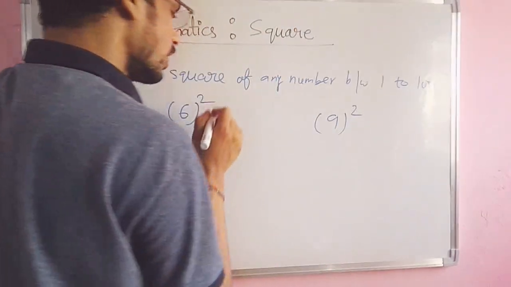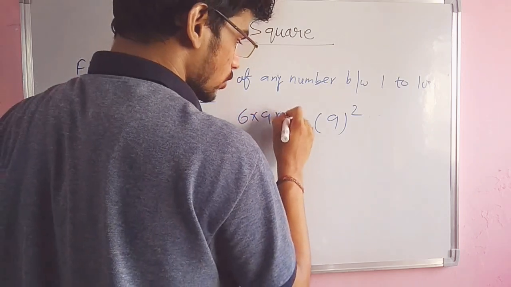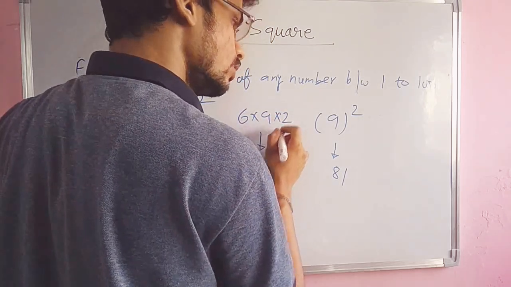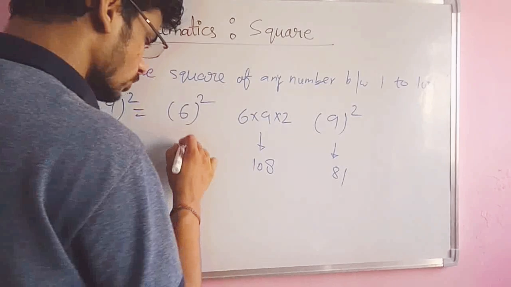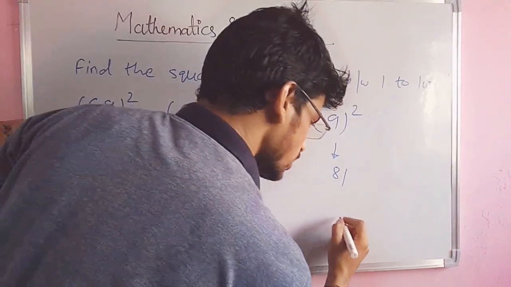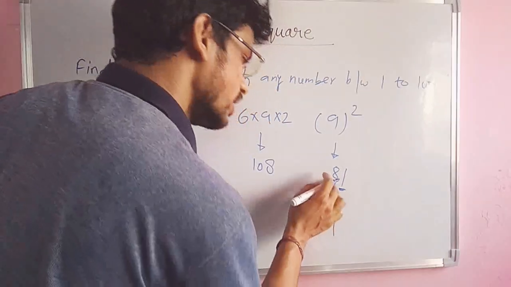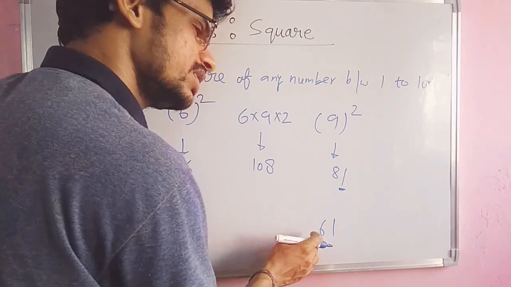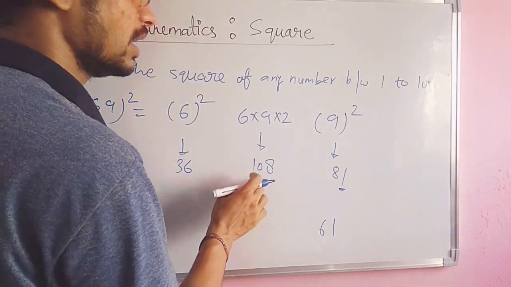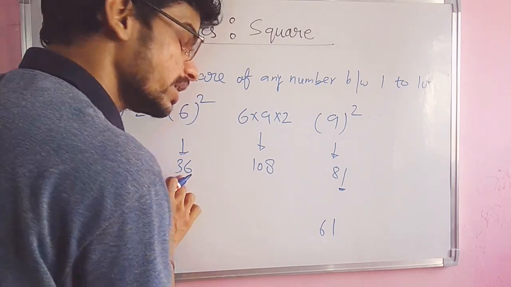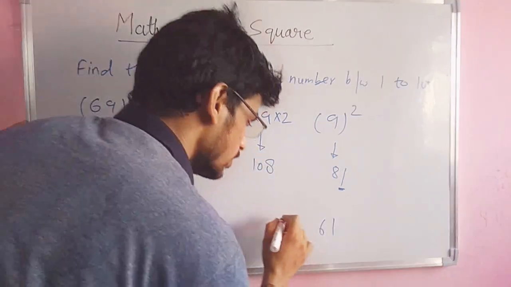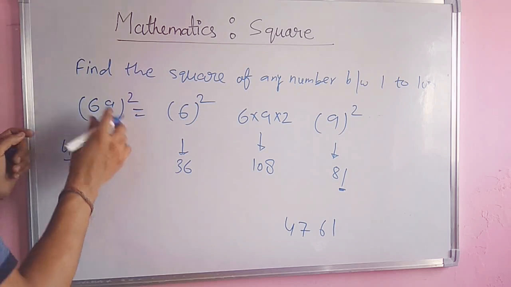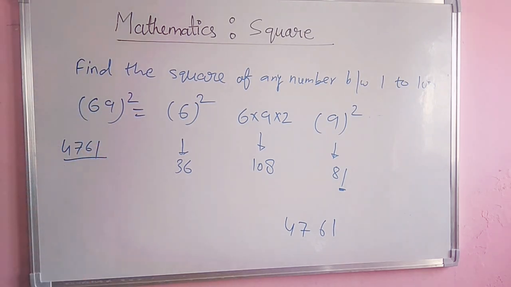Make them squares. 6 into 9 into 2. 9 squared is how much? 81. 6 into 9 is 54. Multiplied by 2 is 108. 6 squared is how much? 36. 81's units place, 8 as a carry into the 108. 108 plus 8 is 116. 11 as a carry into the 36, that is 36 plus 11, that is 47. 4761 is the square of 69.